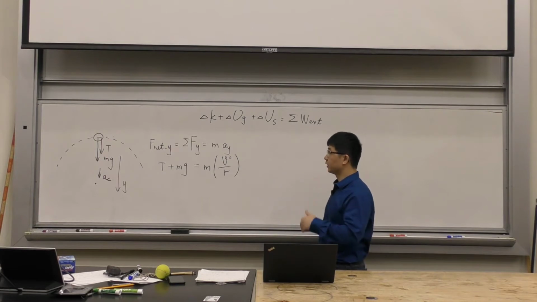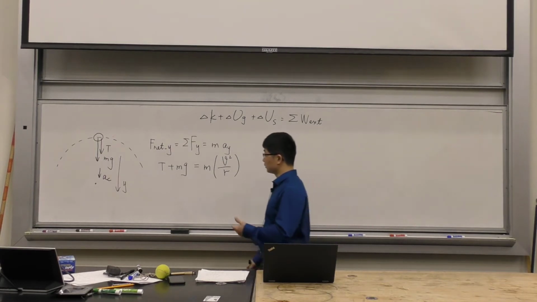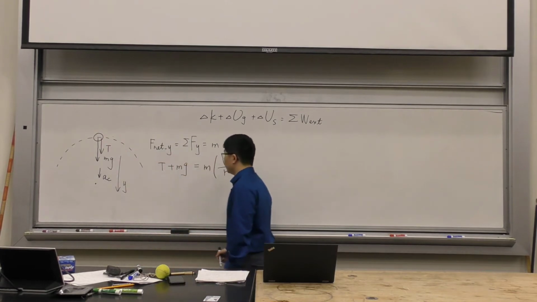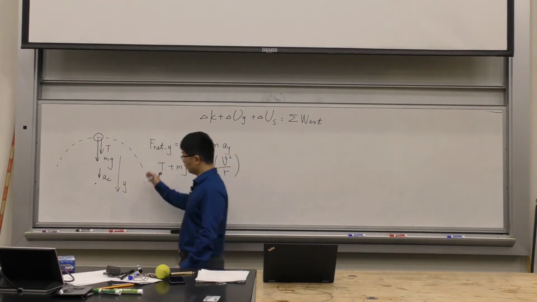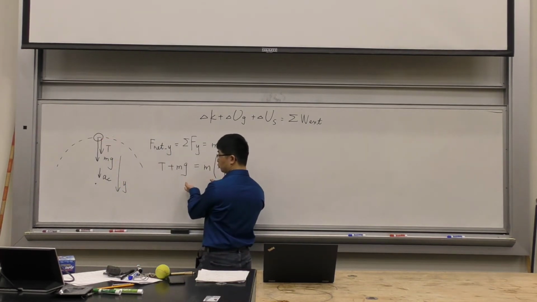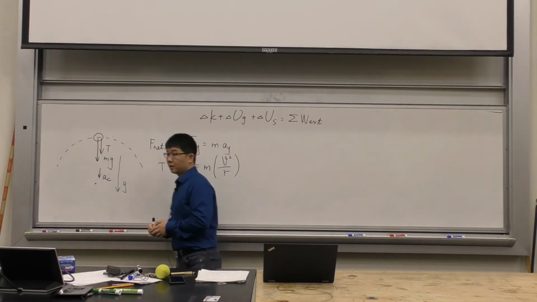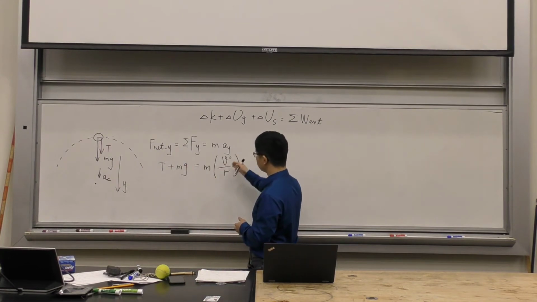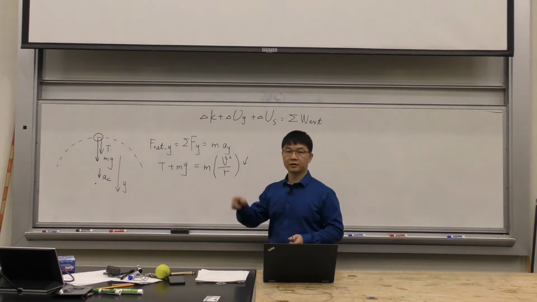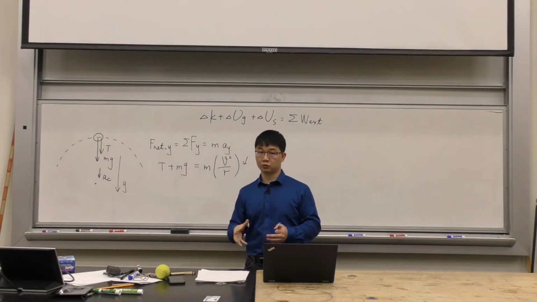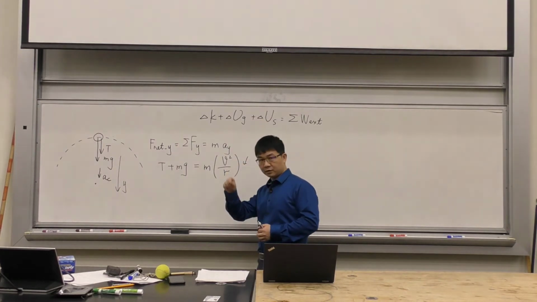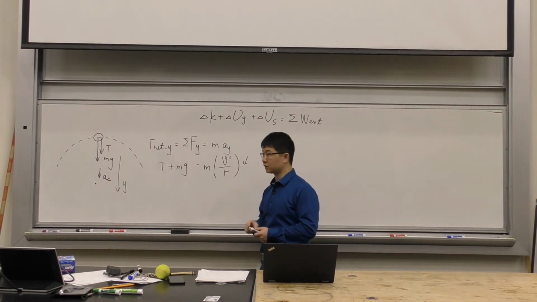And then how do we figure out the minimum velocity at the top in order to complete the circle? If you want the ball to complete the circle, to reach the top, you want this equation to be true at the top. If you do the experiment and want to find the minimum speed for the ball to reach the top, you can reduce the speed a little bit every time you repeat it.